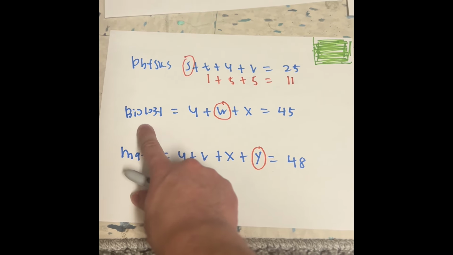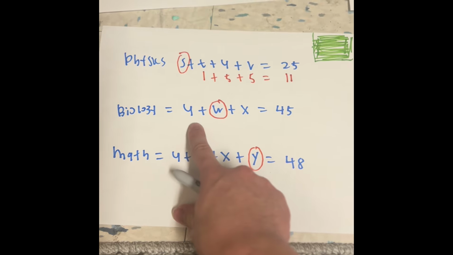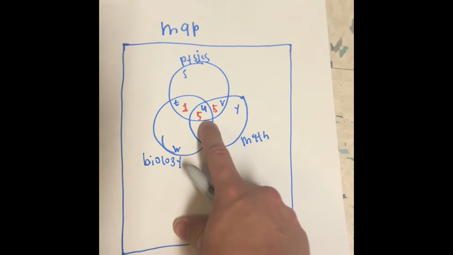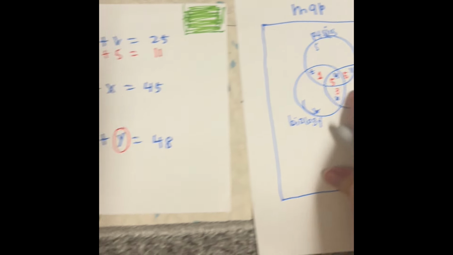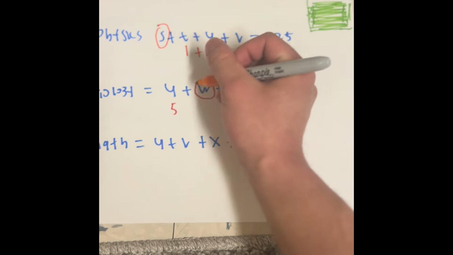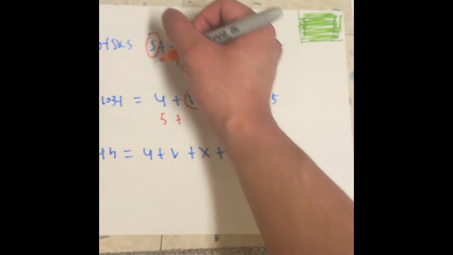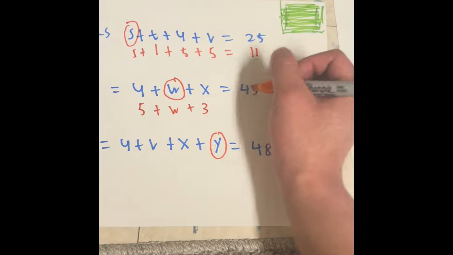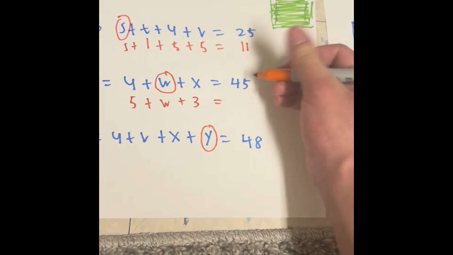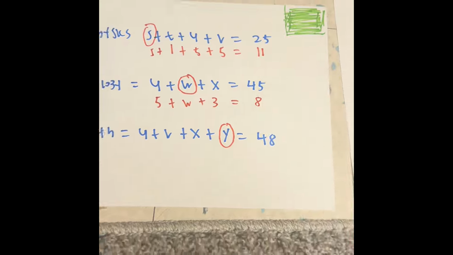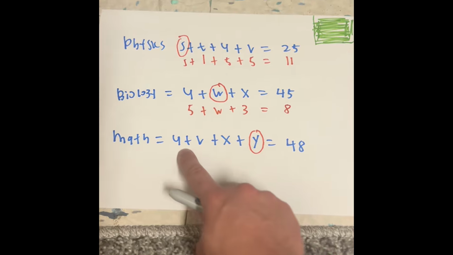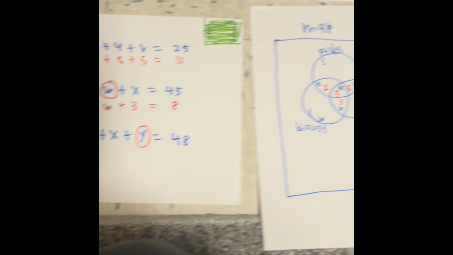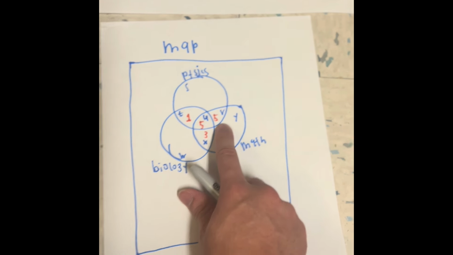If we take a look at biology, we have U plus W plus X. So U is 5 and X is 3. So 5 plus our missing number, W, plus 3 equals, 5 plus 3 is 8. And for math, U plus V plus X plus Y, U and V are 5 and 5.